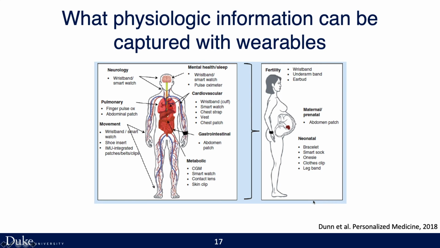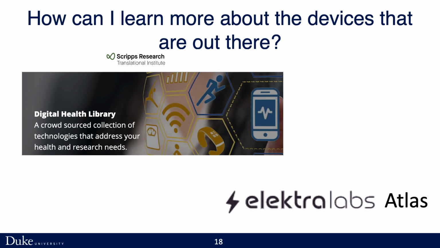A lot of times one of the major questions that we get is, because there are so many wearable devices on the market, how can I know that the device that I want to use is appropriate for the purpose that I intend to use it for? I want to refer you to two different resources that are quite useful in this space.